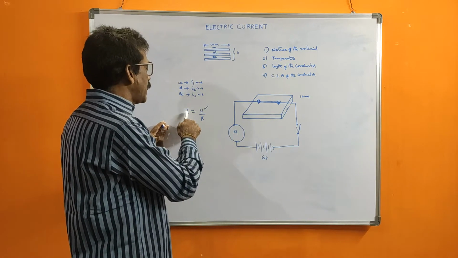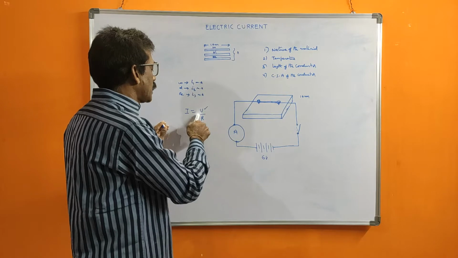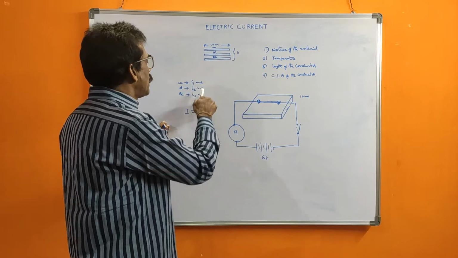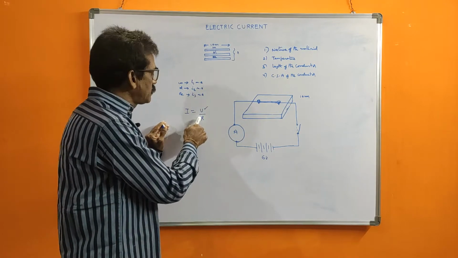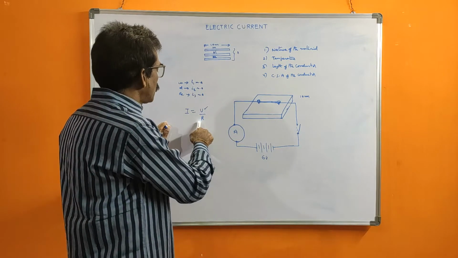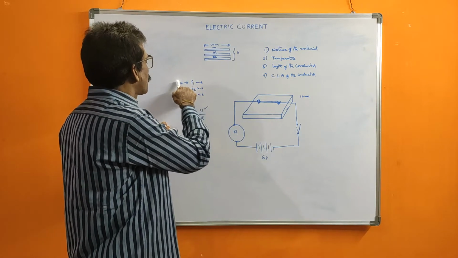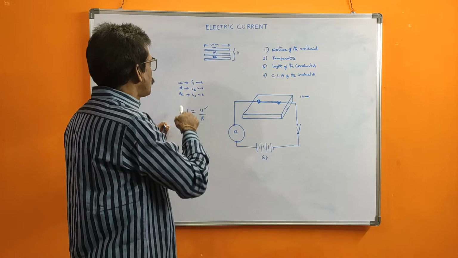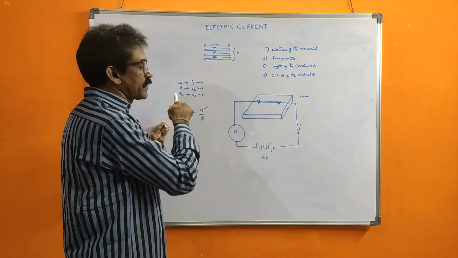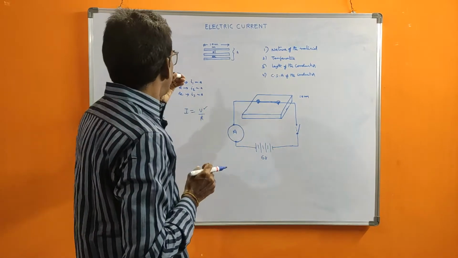Because of what does it change? The value changes because of the change in resistance. That's why in the three cases, R is changed. What is R? In the first case it is the resistance of copper, second case it is the resistance of aluminum, third case it is the resistance of Fe. That's why the resistance changes.